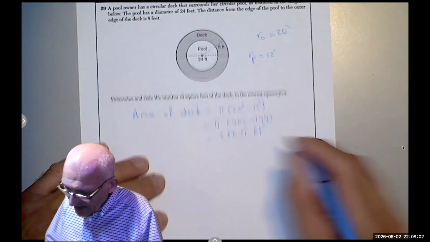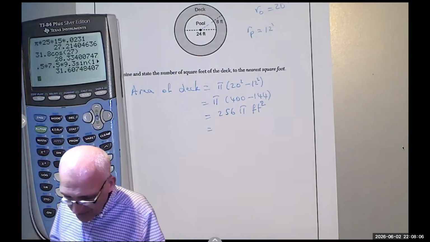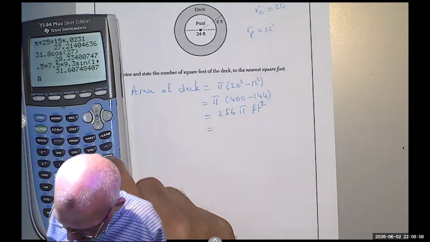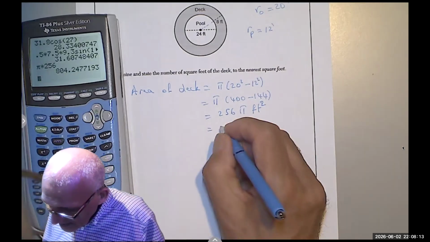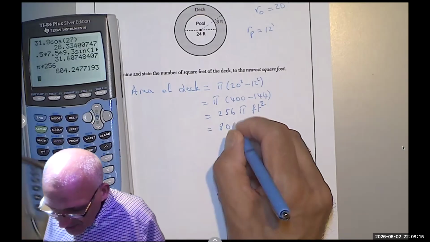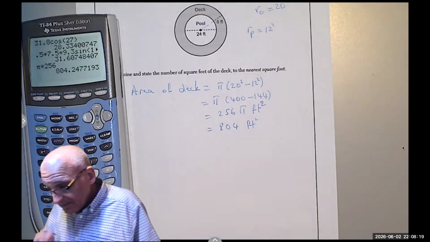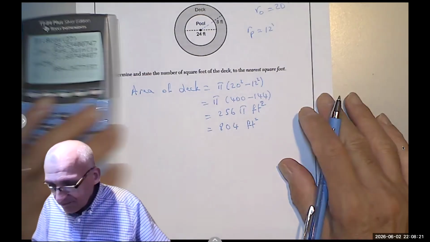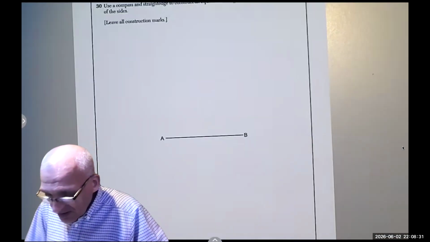Of course, you use the calculator and get that to the nearest square foot. So pi times 256, you get 804 square feet. So you see they are really pretty straightforward. If you know your geometry, or areas and volumes of common shapes, you should be fine.